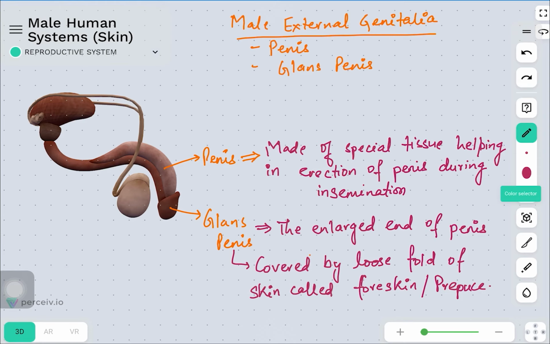So this is the last component of the male reproductive system, the male external genitalia constituting the penis and the glans penis part. So this was all about the male reproductive system.